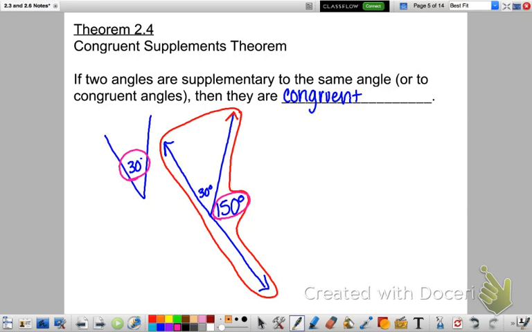So that means that this angle, let's pick a different color, black, that this 30 degree angle and this 30 degree angle are congruent. Okay?